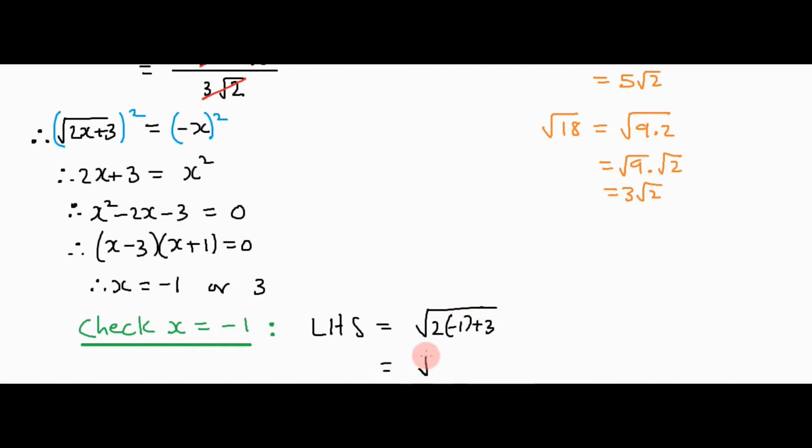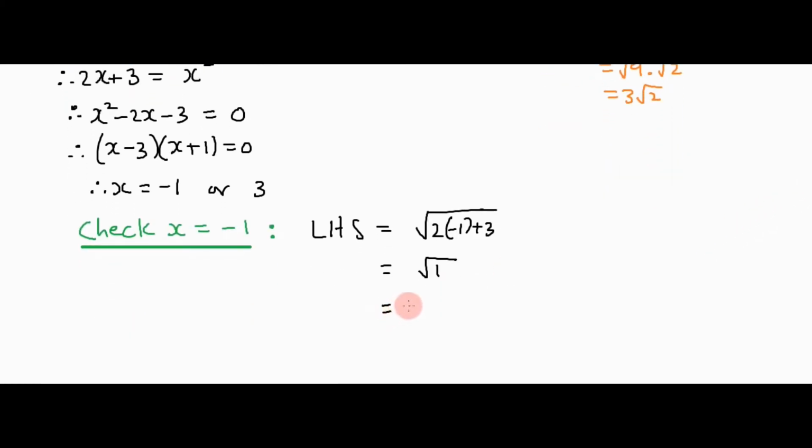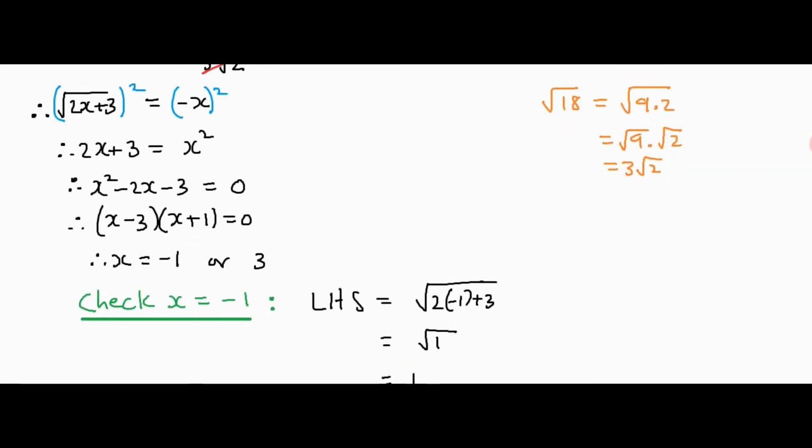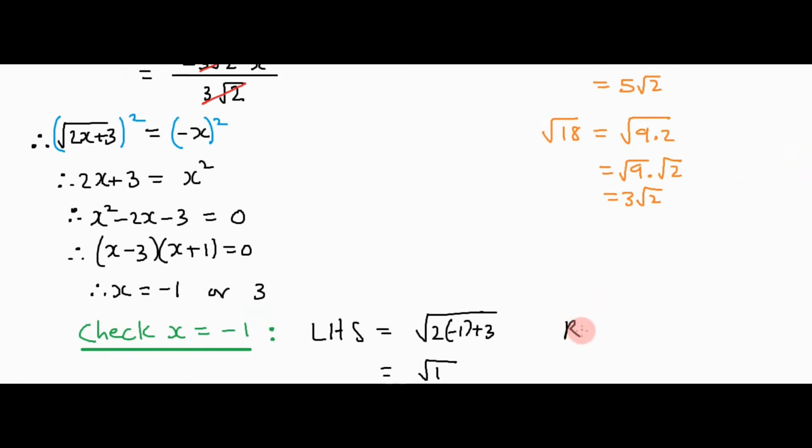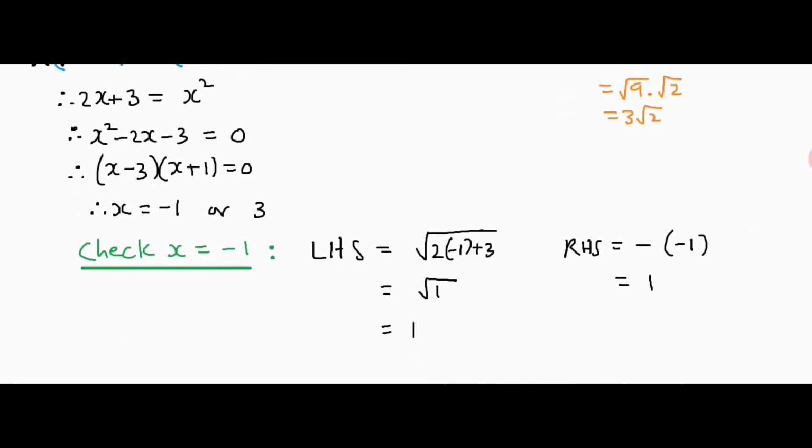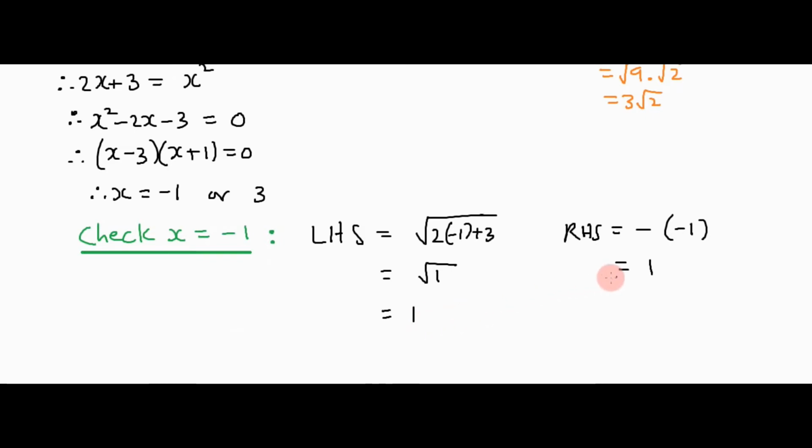And this equals the square root of 1, which of course is 1. Then the right-hand side is negative x, which is negative minus 1. And this, of course, is 1. So we can see that the left-hand side equals the right-hand side, and hence x equals negative 1 is a valid answer. Let's now check x equals 3.